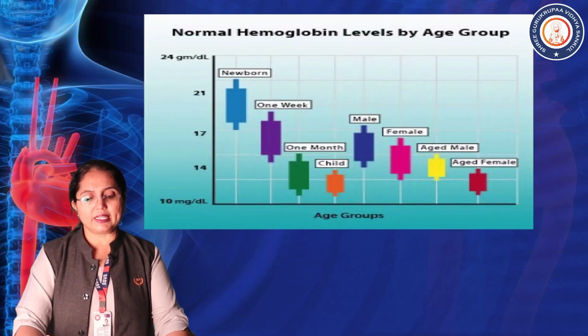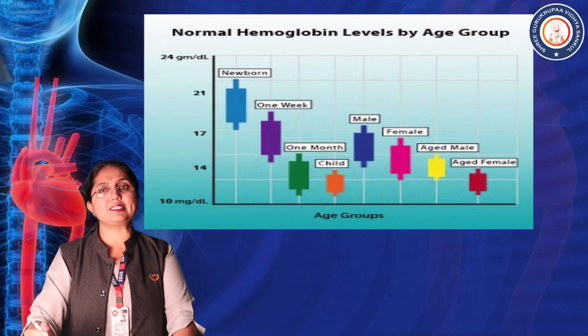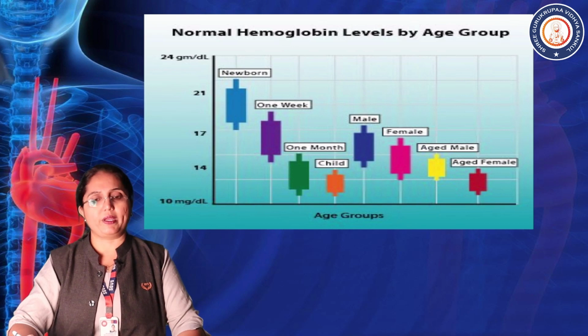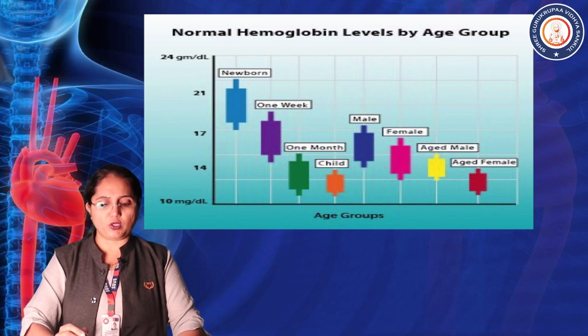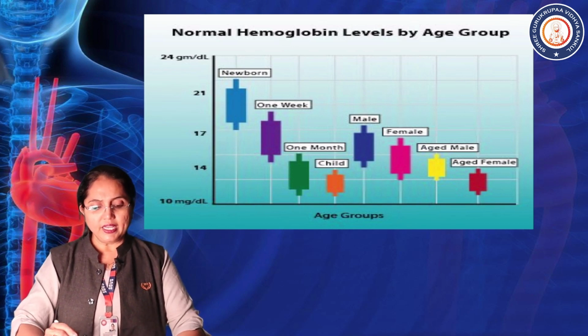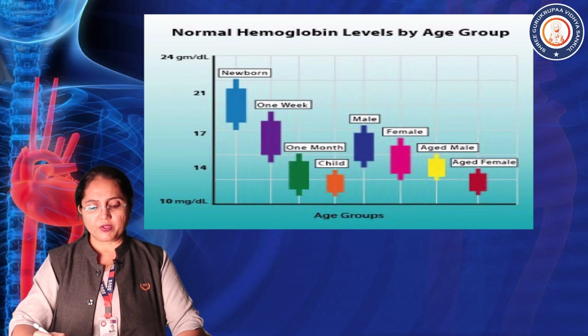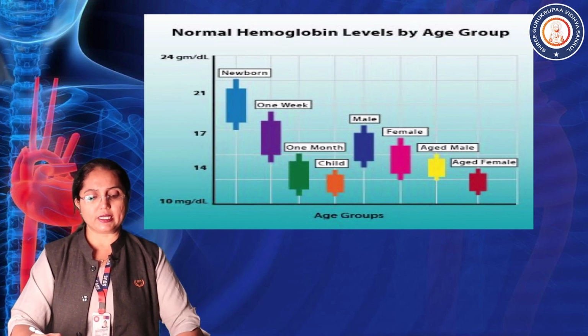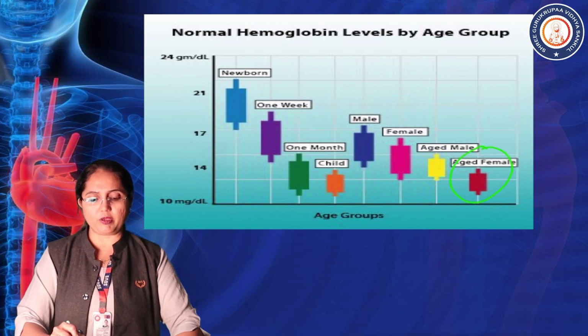Then let's see the normal amount of hemoglobin in each age group of human beings. A normal adult female has approximately 14 grams per deciliter of hemoglobin. You can see here for female, right.